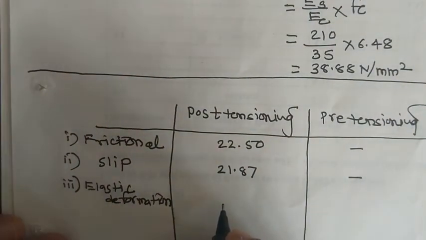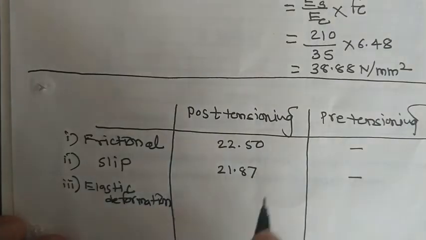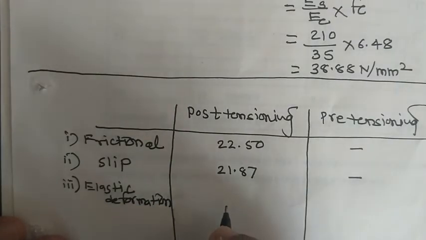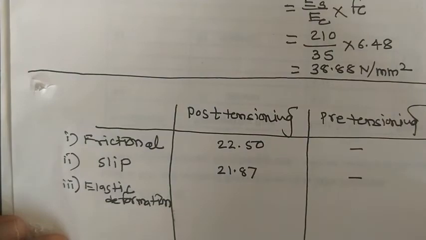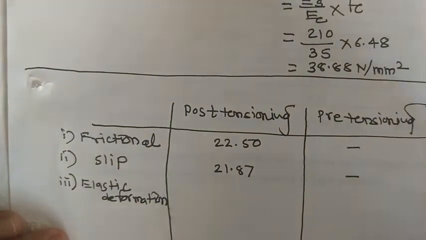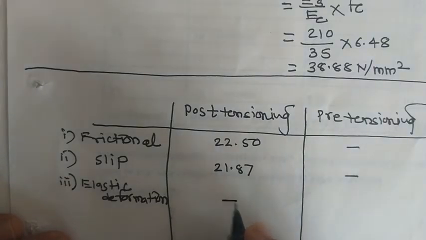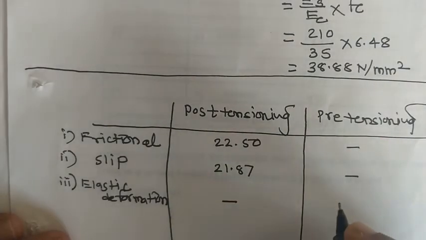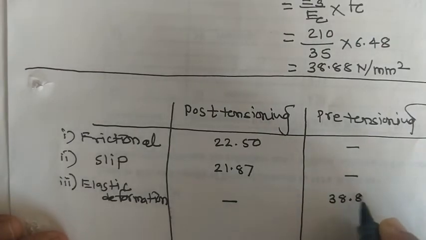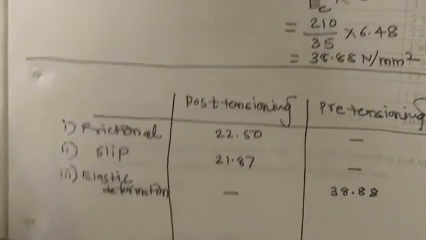So assume that the wires are tensioned one after another, because no special sentence is mentioned in the question. So this loss is absent in post-tensioning, but in pre-tensioning this loss is present. Its value is 38.88.